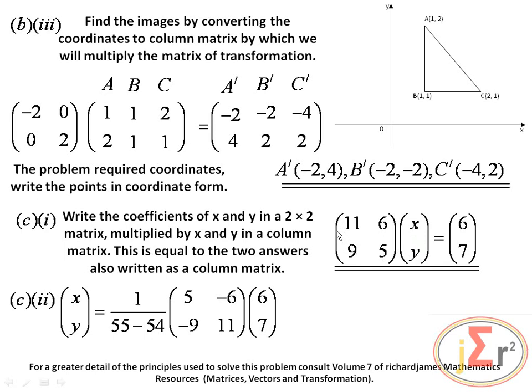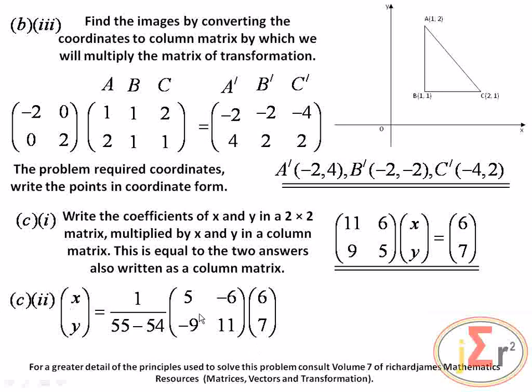So to find the inverse of this matrix, we put 1 over the determinant. 11 times 5 minus 6 times 9. So we have 55 minus 54, and that is equal to 1. So we will have 1 over 1 right there, which is equal to 1. And of course we know that 1 multiplied by anything is that same thing.